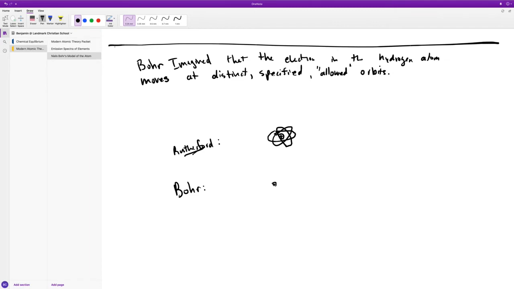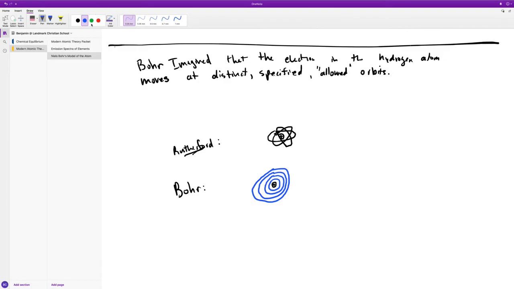So here's your nucleus, and then out here, maybe this is your first allowed orbit, and here's your second allowed orbit, and your third allowed orbit. I'm not doing a great job drawing these as really circular, but hopefully you get the idea. You have these specific allowed orbits.